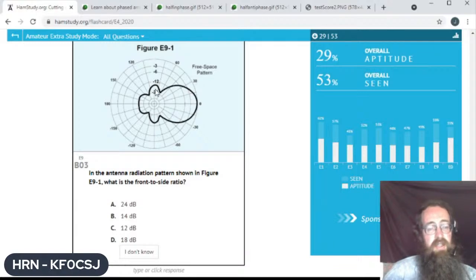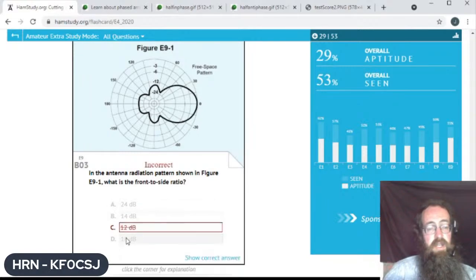And then the side ratio is just above 12. So that's the one I'm going to go with, is C, 12. And that is wrong.